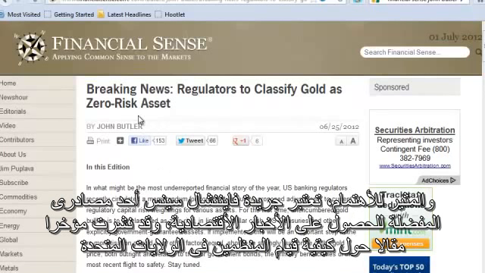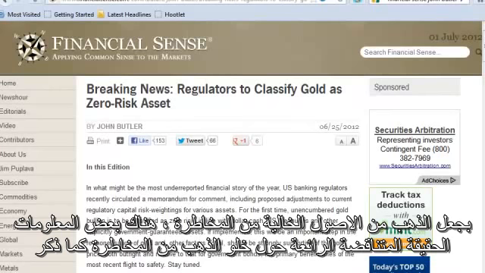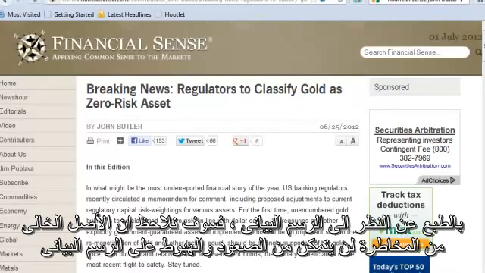Interestingly, John Butler of Financial Sense, which is one of my favorite economic news sources, recently put out an article about how regulators in the US are working to classify gold as a zero-risk asset. And there's some really fascinating contradictory information about whether gold is a zero-risk asset.